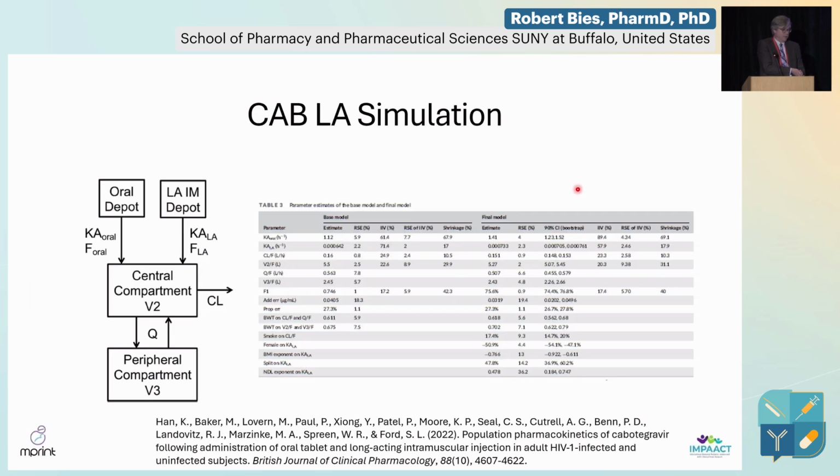So in this case, we utilized the model from VIV with Keelong Han, and of course Mark was part of this as well, and effectively adjusted the parameters for the clearance to mimic these changes in pregnancy.